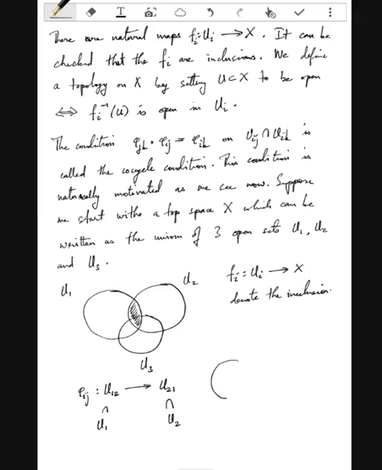So this is my U12 and this is my U21. So my phi12 is like this. Similarly, I have phi13, and here I have phi23.